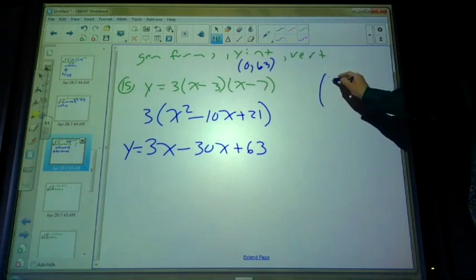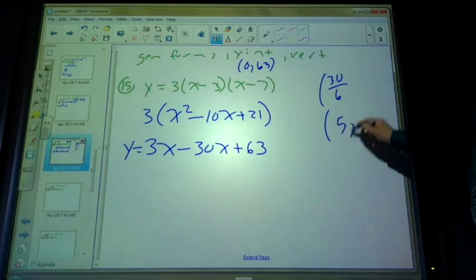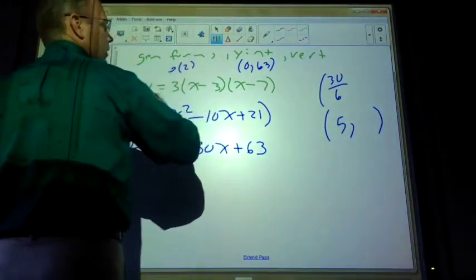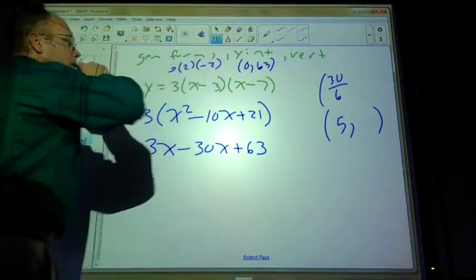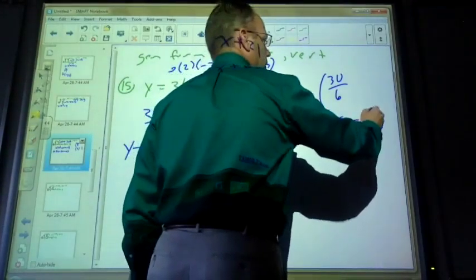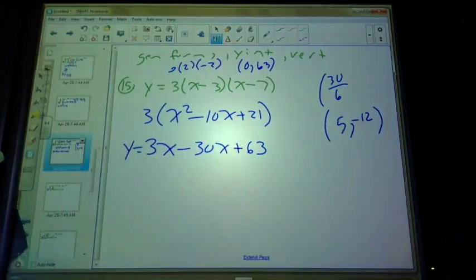Negative b over 2a, so that's 30 over 6, so that's 5. That's going to give me, so 3 times 2 is 6, times -2 is -12. There's our vertex. Cool.